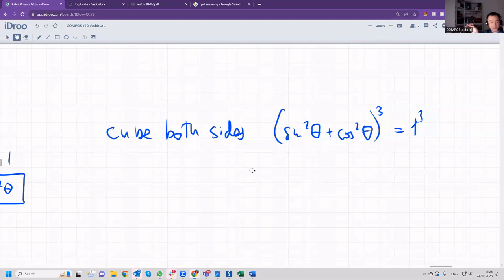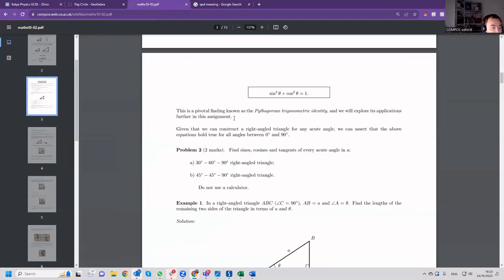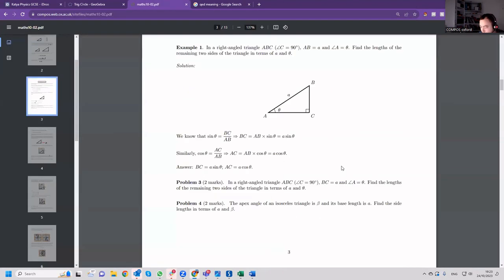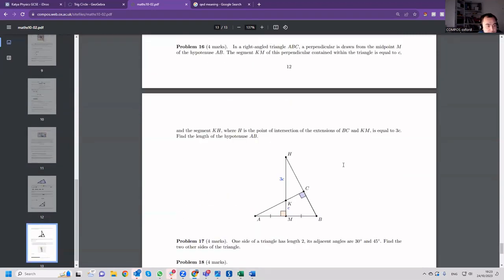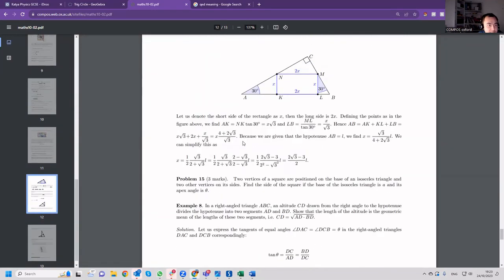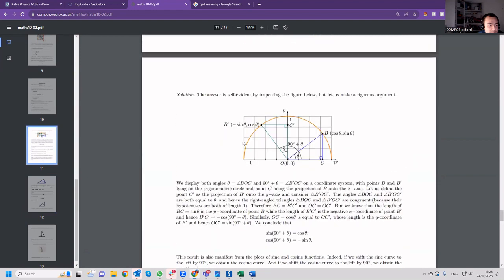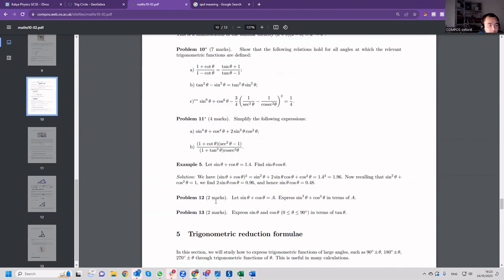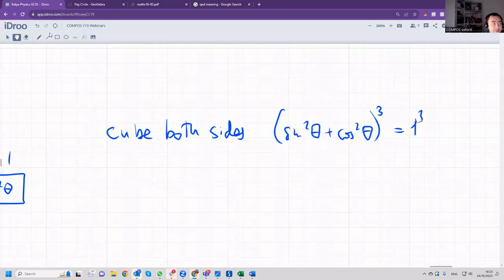This will help you do the hardest questions in the assignment, which are questions 10, 11, 12, 13. Yes, it definitely will help you. Cube both sides.